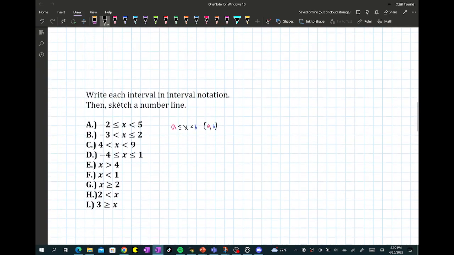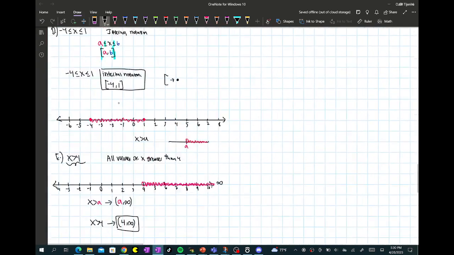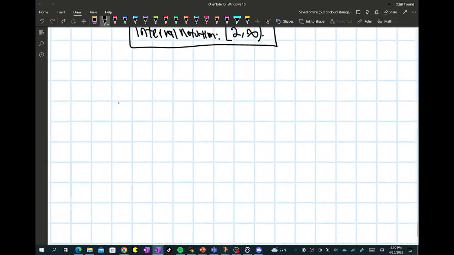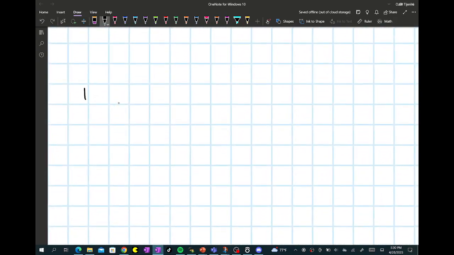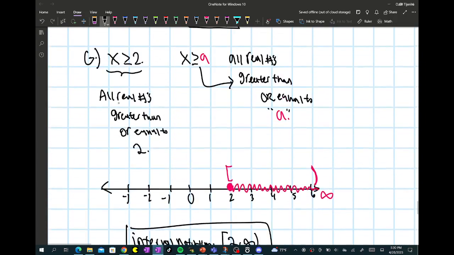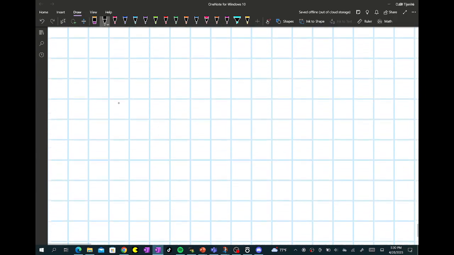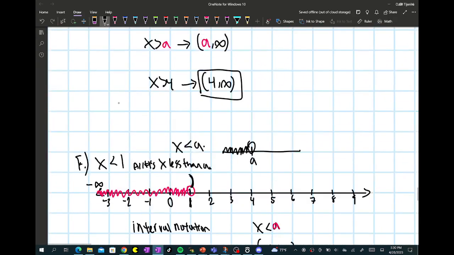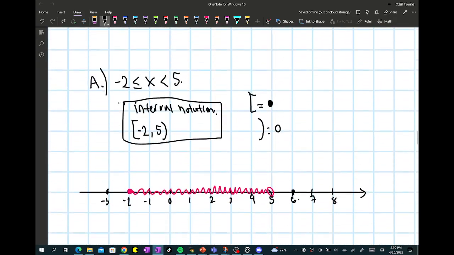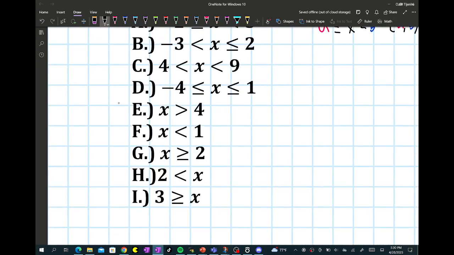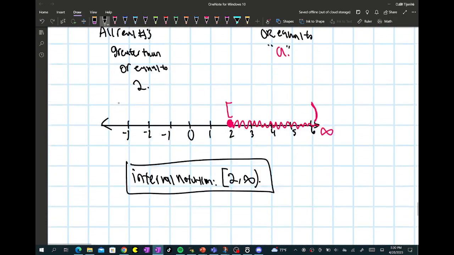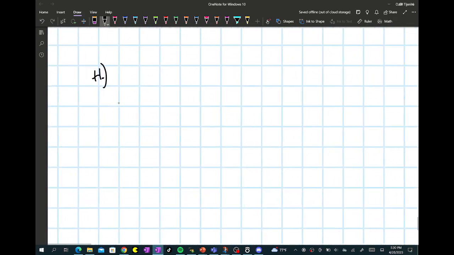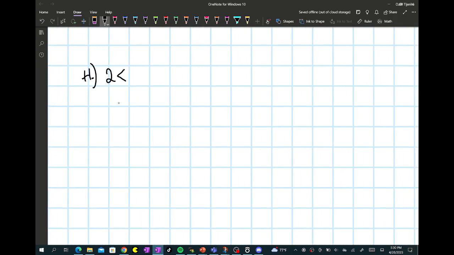Now, for part H, it says 2 less than x. Okay, so now this one's a little more tricky, right? Because it's not of the original form x is greater than a or x is less than a.